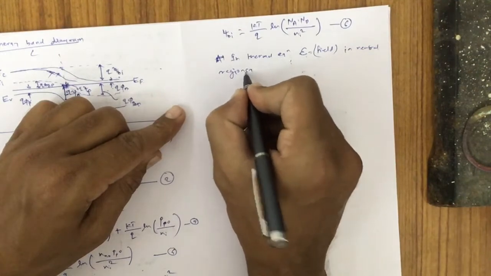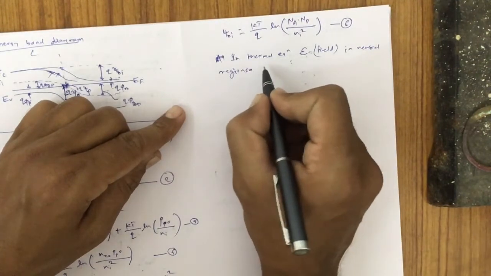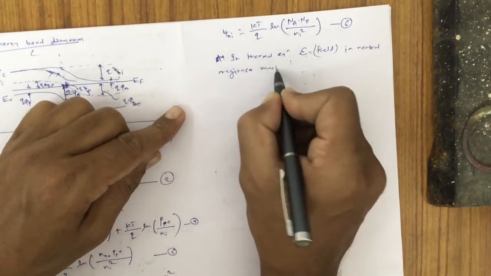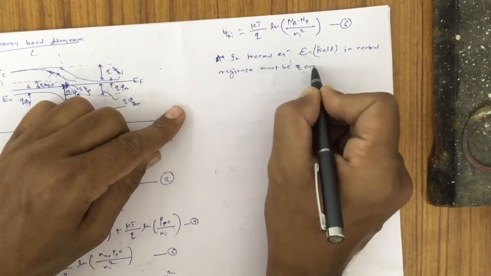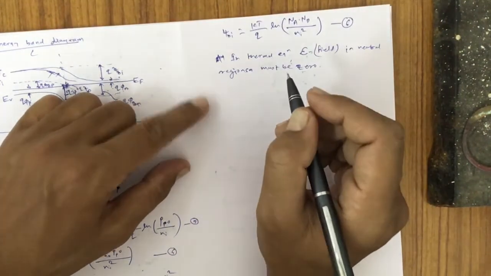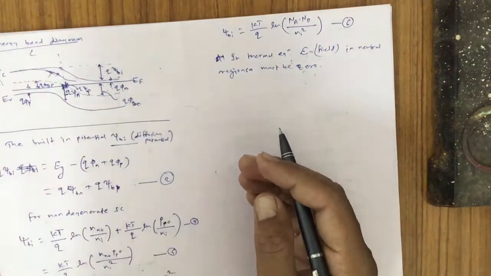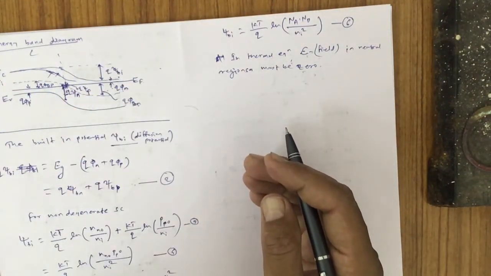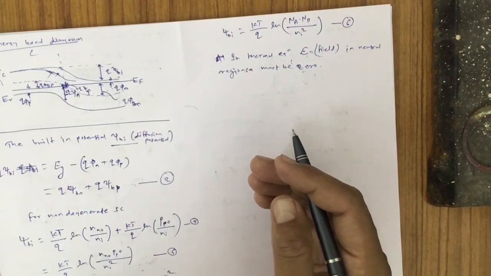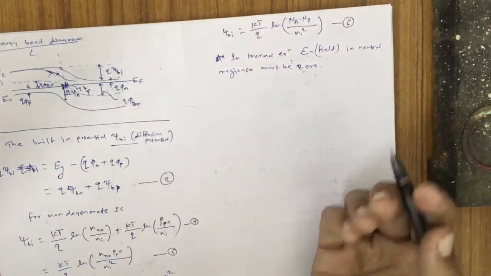So the total number of negative charges per unit area on the p side must be precisely equal to the total positive charges per unit area on the n side.